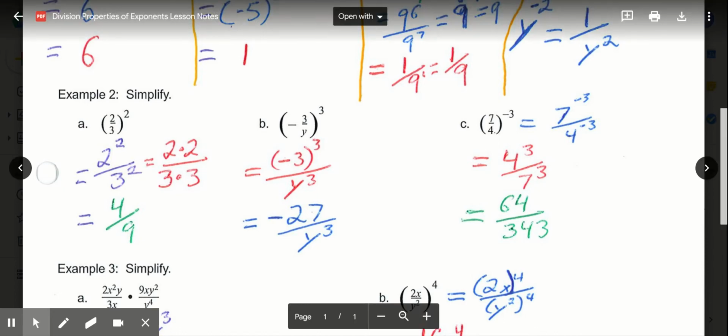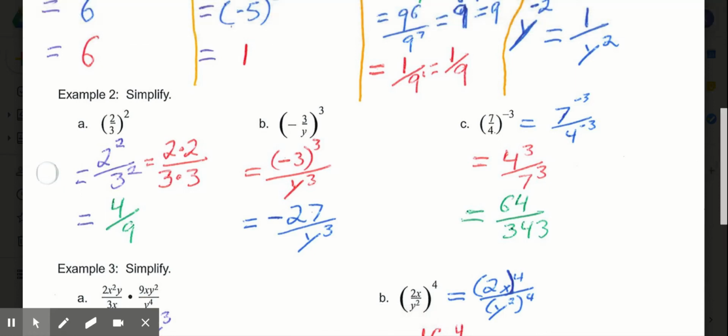Then, because both are negative powers, I'm going to bring the 4 to the negative third to the top and the 7 to the negative third to the bottom, which would give us 4 cubed over 7 cubed. Then 4 cubed is 64, 7 cubed is 343, so we have 64 over 343.